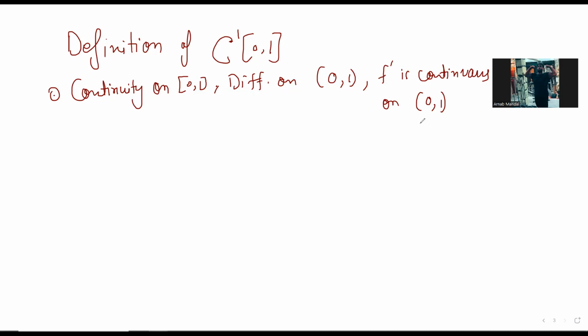If you take this as the definition of C1, do you think this is good, or should we want the continuity at the endpoints also, or the derivative to exist on the endpoints also?